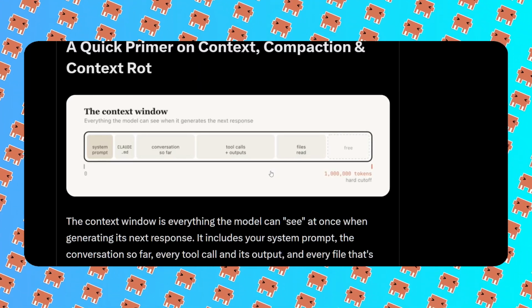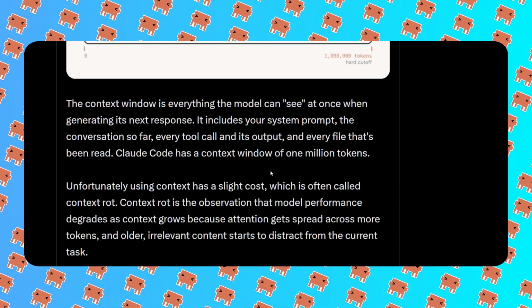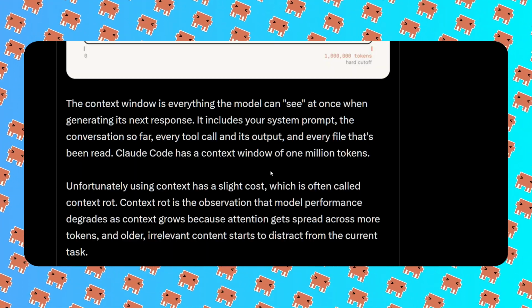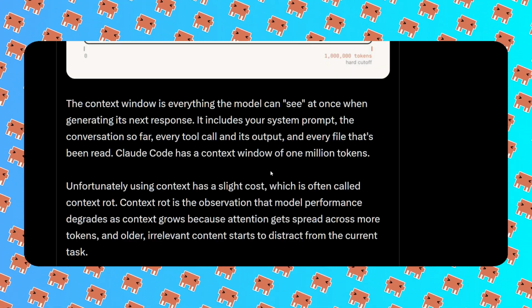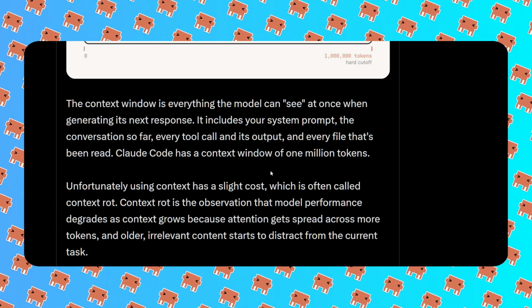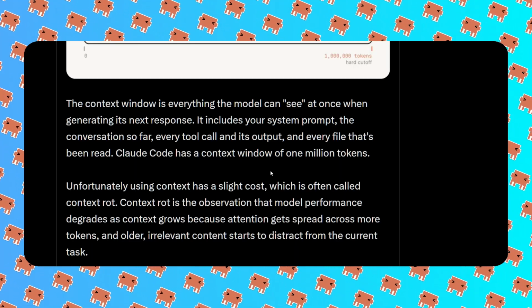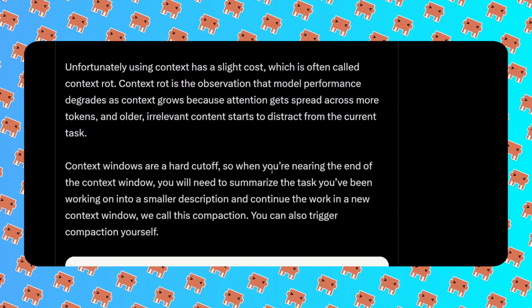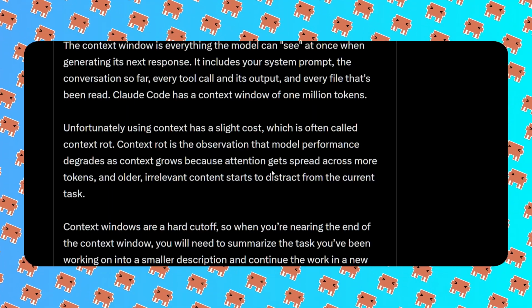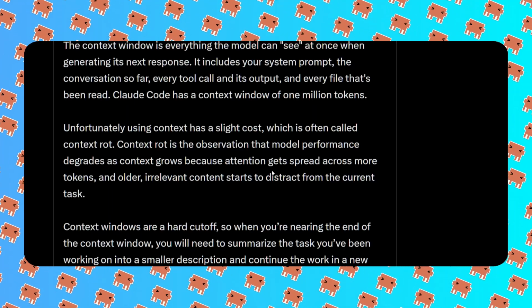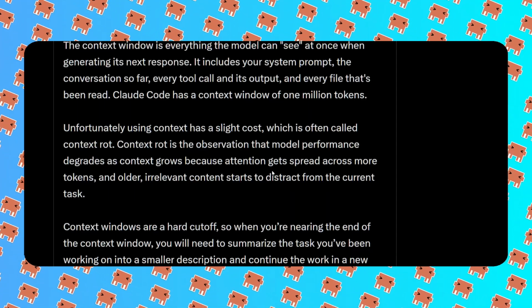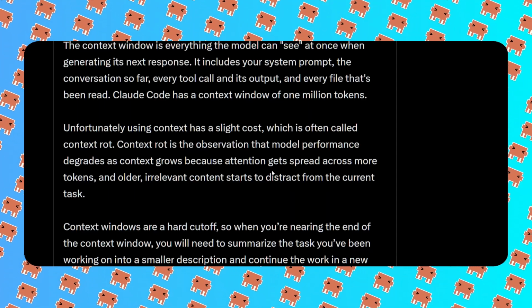After 1 million, it's a hard cutoff. So the context window is everything the model can see at once when generating its responses. Claude Code has a context window of 1 million tokens. You need to know that. And the whole gist of everything here is you're going to want to not let the context window fill up.